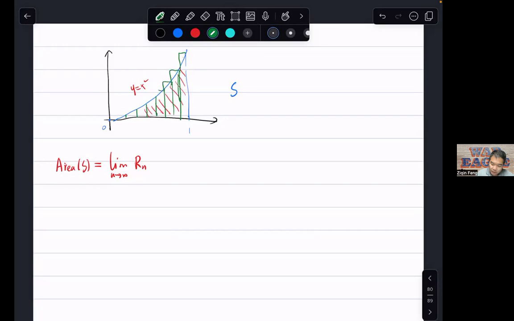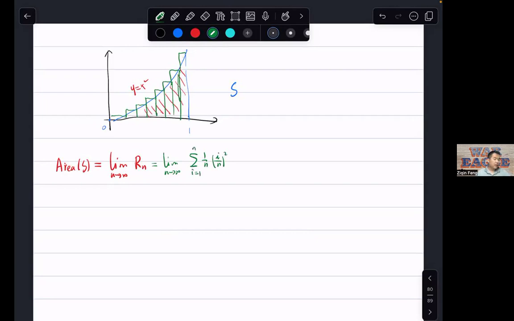If the area exists, this limit has to be a finite number, and then it doesn't matter which endpoint you choose, left or right, you get the same number. So this is the limit as n goes to infinity of the summation of 1 over n times (i over n) squared, i from 1 to n.